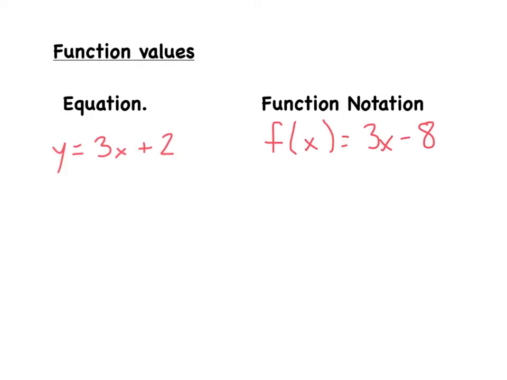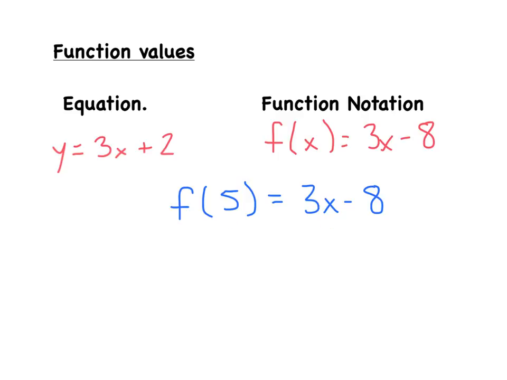Now you may come across an equation where it's telling you they want to see f of 5. So don't get completely freaked out. Basically, you read this as f of 5, and all that they're wanting you to do is wherever you see an x in the formula, plug in a 5.